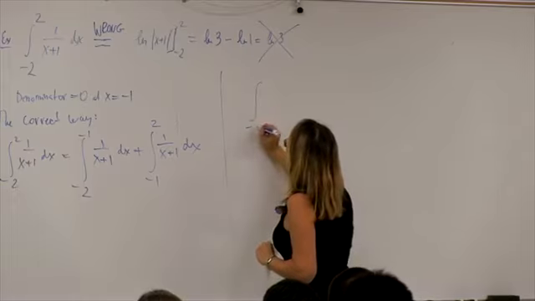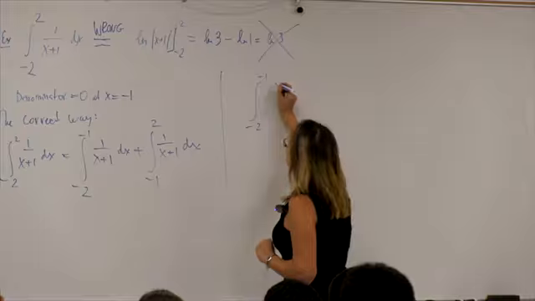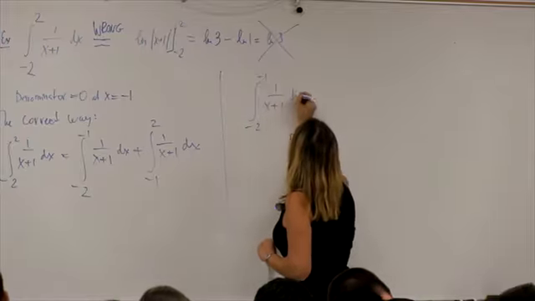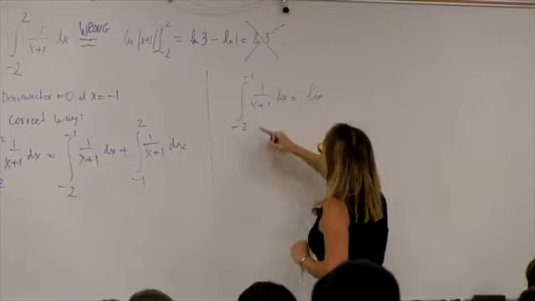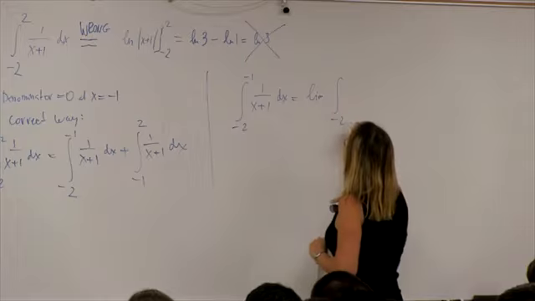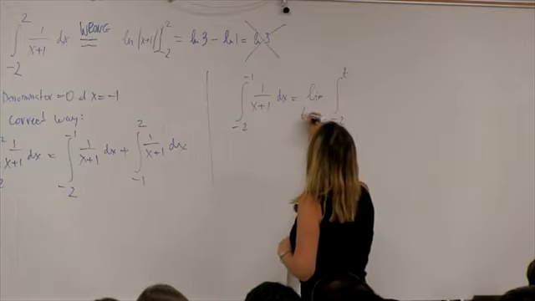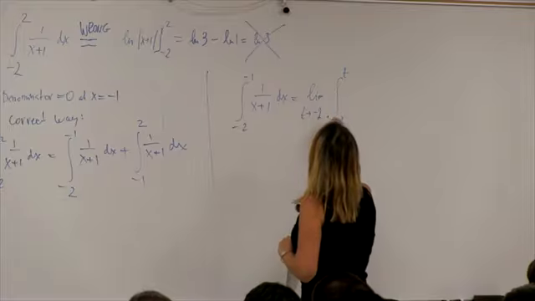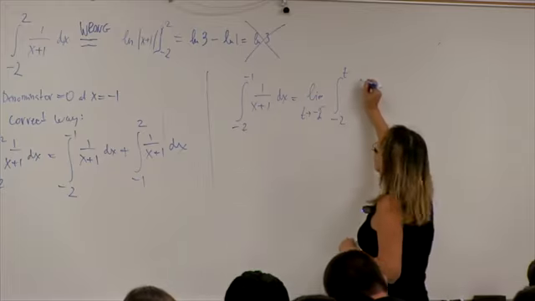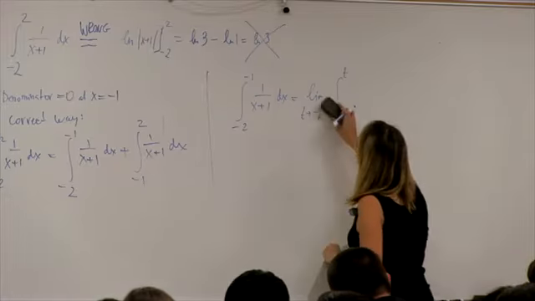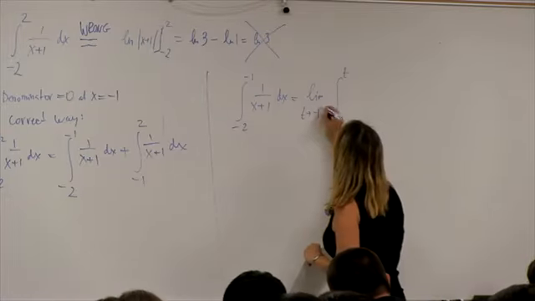Let's do the first one. This is the limit. The problem happens at the upper limit, so t goes to -1 on the left.